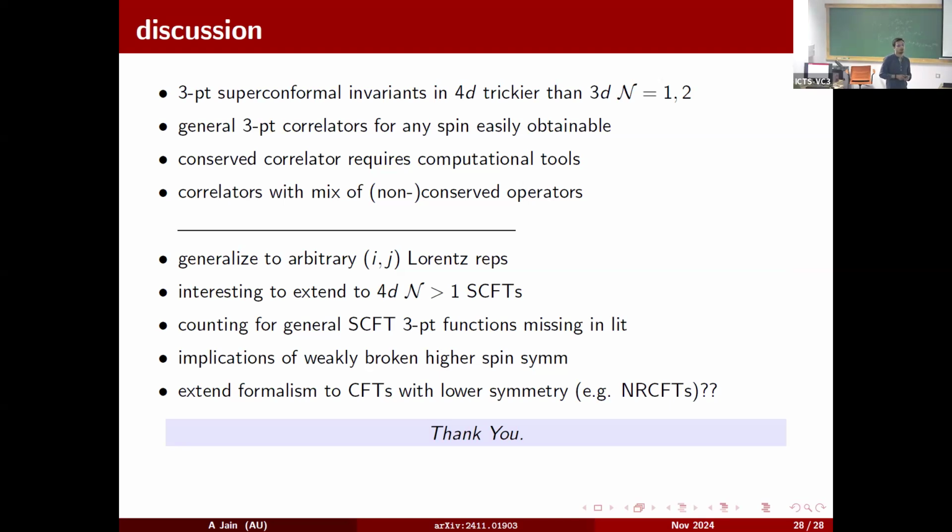Okay, maybe what I would have expected is something like this. Let's talk about N equal to 1, 4D super. Then you might want a result like the 3-point function is a linear combination of some chiral multiplet plus some vector multiplet and so on.